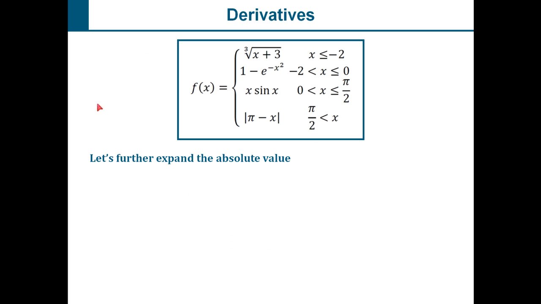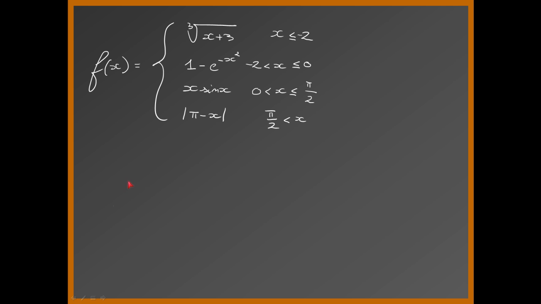Before proceeding with this plan, however, let's first expand the absolute value. The absolute value of pi minus x is a case-defined function itself. In fact, the absolute value of pi minus x is equal to pi minus x when pi minus x is greater or equal to 0.